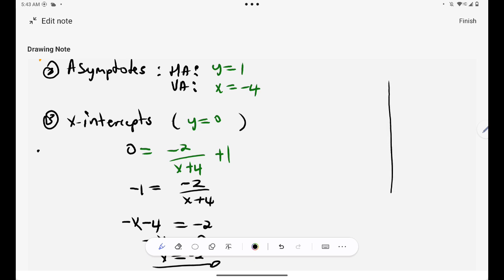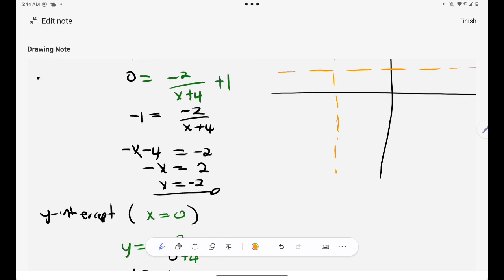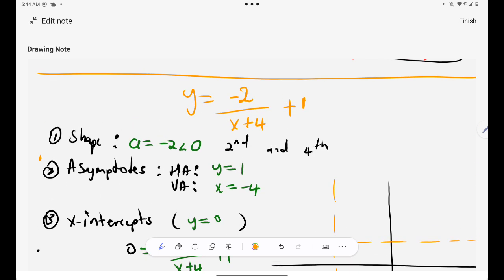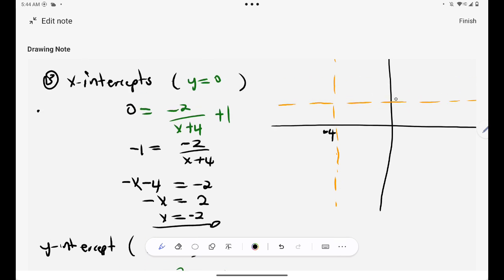Okay, and then I just need to draw my graph here. I know that for my asymptotes, let me write them in orange. I have 1 and I have -4 here. Please remember that whenever this guy is positive, your asymptote will be on the left hand side of the y-axis. -4 and 1.